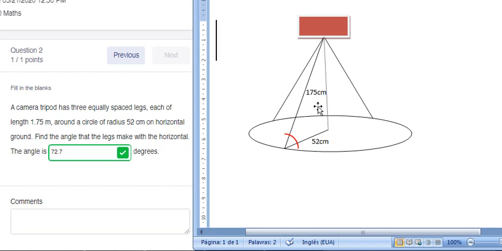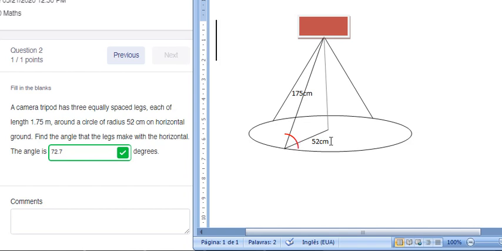This is a triangle in which we know two sides. 175 centimeters is the hypotenuse, right? And 52 is the adjacent side. Can you see? It's touching the angle.